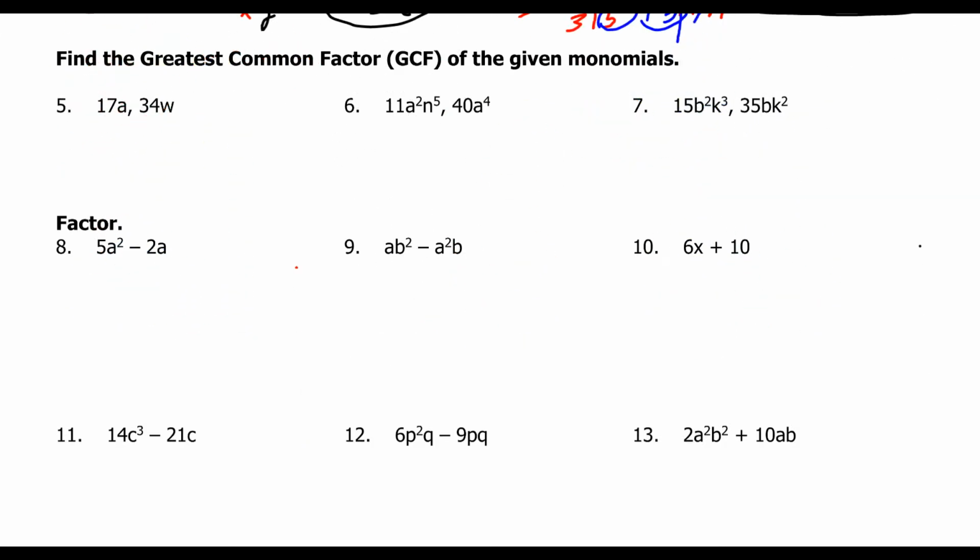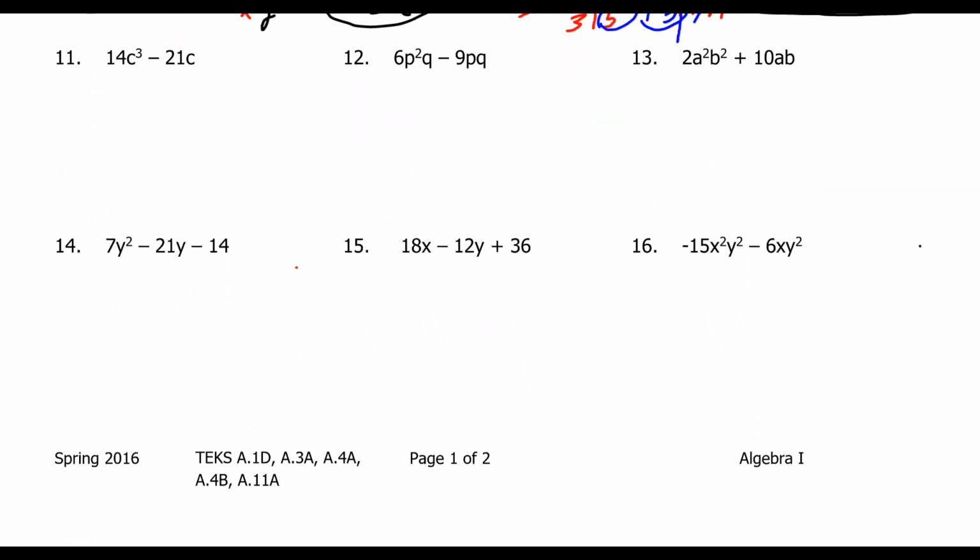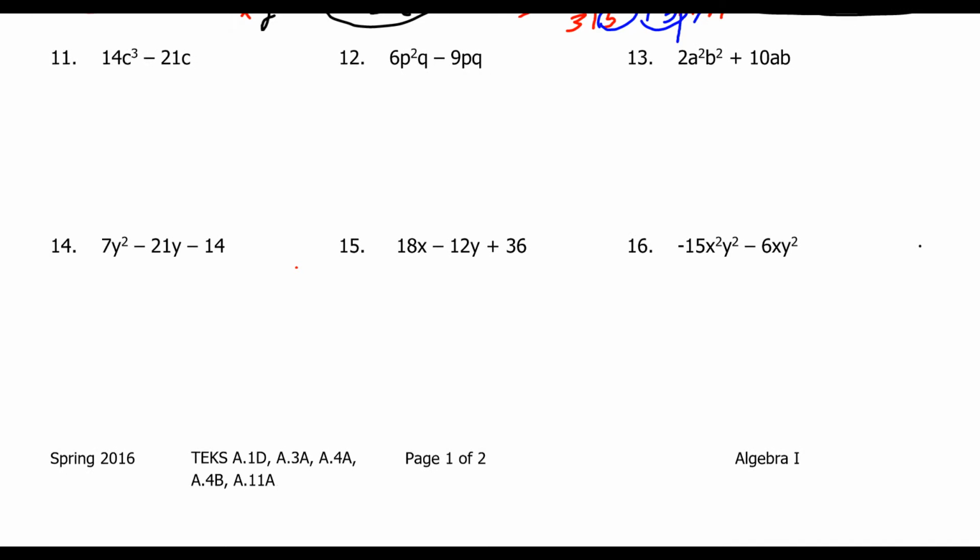Number 11, okay? Number 11, things that go into 14 and 21, I'm going to go with 7. All right? So we can divide each of these by 7, but there's also a c in both of those, so we can take out a c as well.